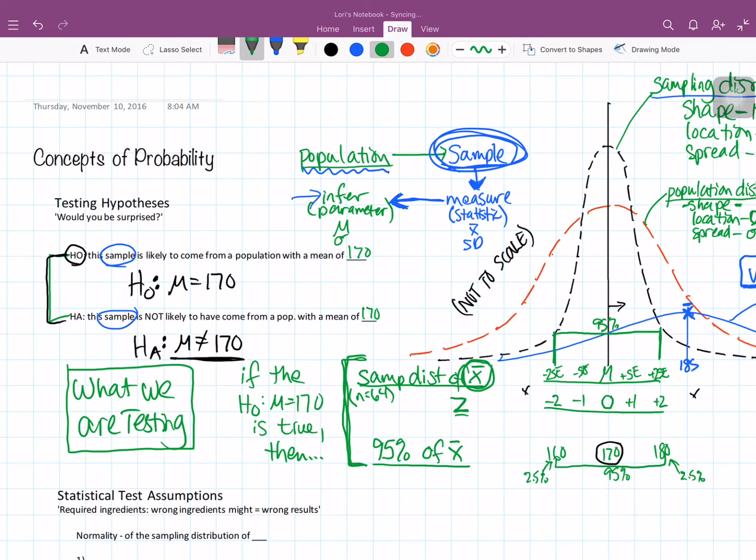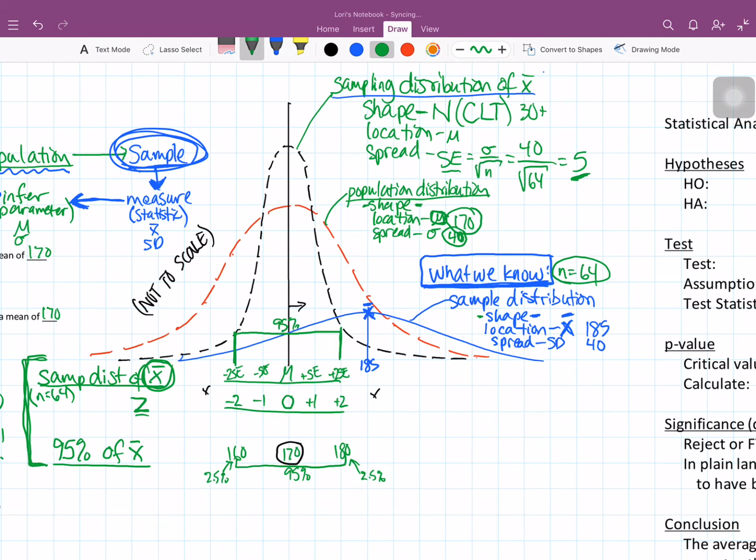So that's what we're actually testing. What we know is the sampling distribution, and that's it. We don't know the population distribution because we didn't measure everybody in the population. So just keep that in mind as we go through this example.